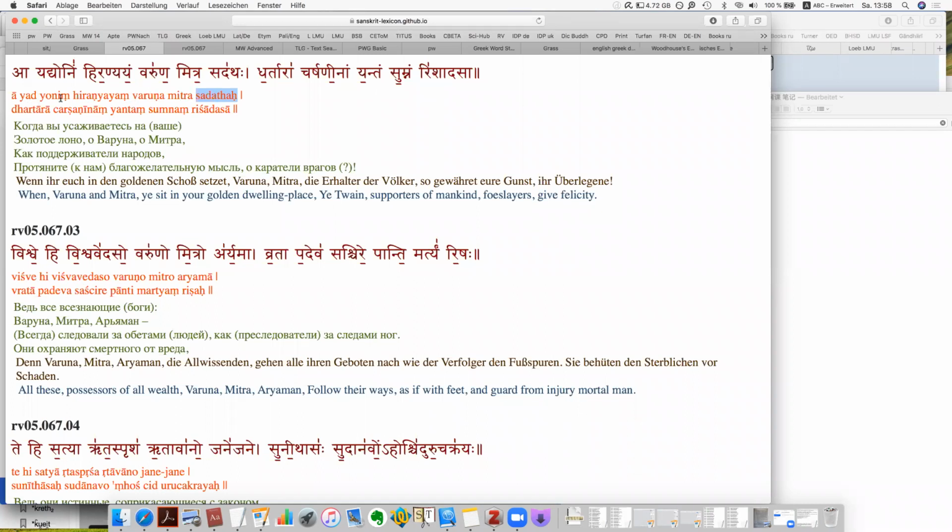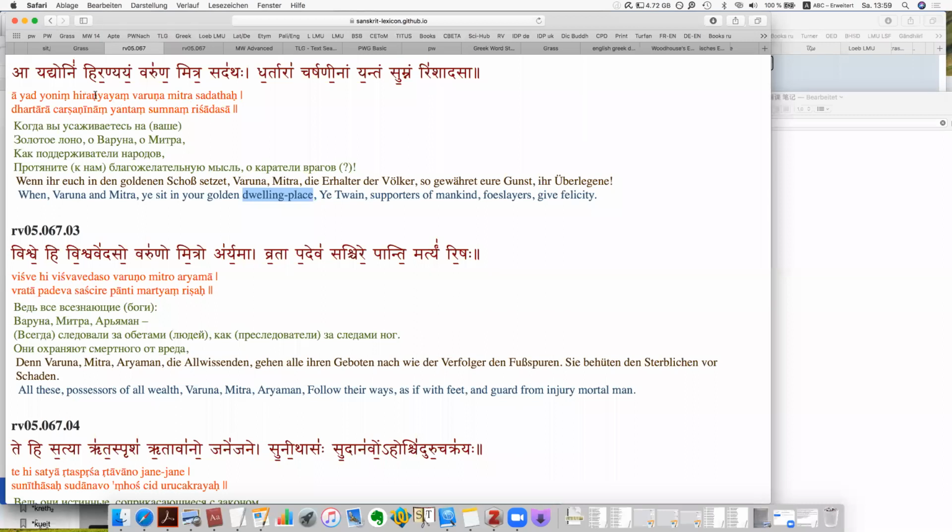Yoni means the dwelling place, the shores, in English, German, like the mother womb. I don't know the exact English translation, but you can understand it like a dwelling place, or a position, a place. Hiranyayam, golden.